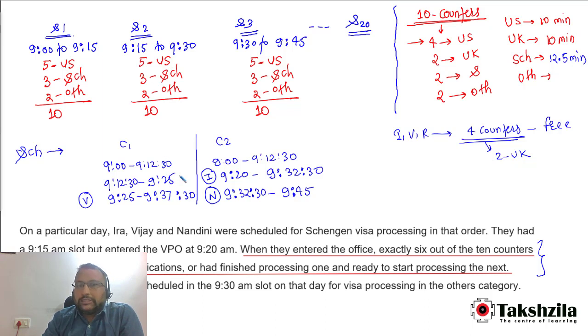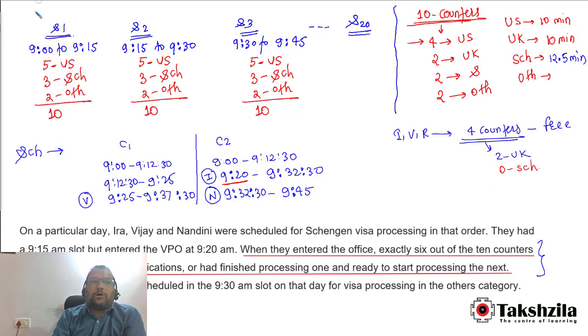Counter 1, no, it is not free at 9:20, and counter 2 at 9:20 is ready to take the next application, that is of Ira. So out of these 4 counters there is no Schengen counter. The remaining 2 counters are going to be of the others category or of the US category. That is what we need to check now.